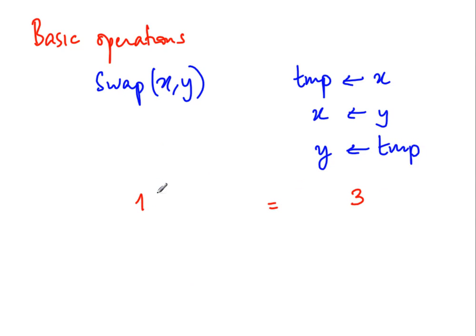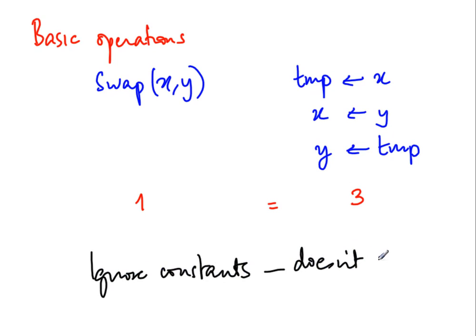So if we count swaps and we count assignments, we get a factor of 3. But if we ignore constants, this doesn't matter. So the notion that we are tying ourselves to asymptotic complexity, where we look at orders of magnitude and don't worry about constants, is intimately related to the fact that we can be flexible about our choice of basic operations, so long as we assume something reasonable about them.